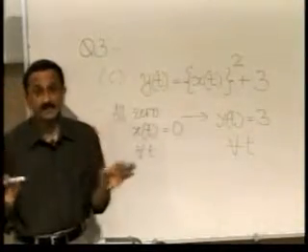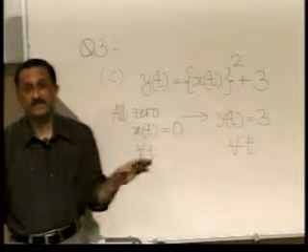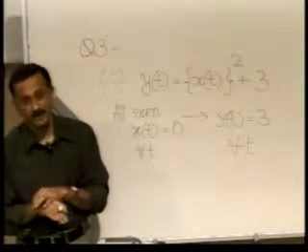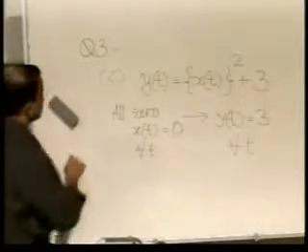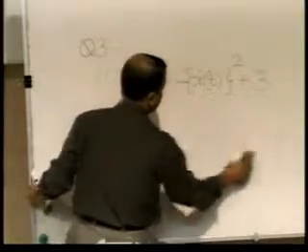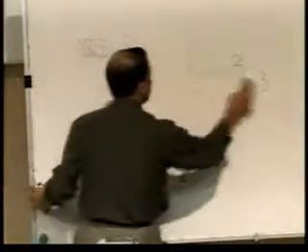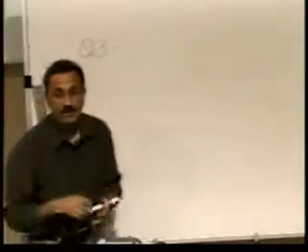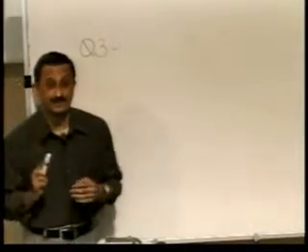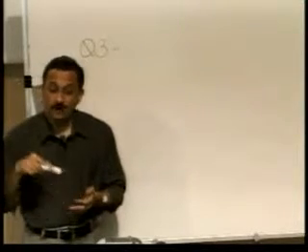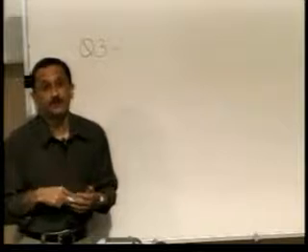So for a nonlinear system, nothing can be said if the input is all 0. The output could be all 0 or it may not be all 0. I must emphasize one point here. When we talk about this all 0 carrying over, it is all 0 that is important. That means an input which is 0 for all time results in an output which is 0 for all time.